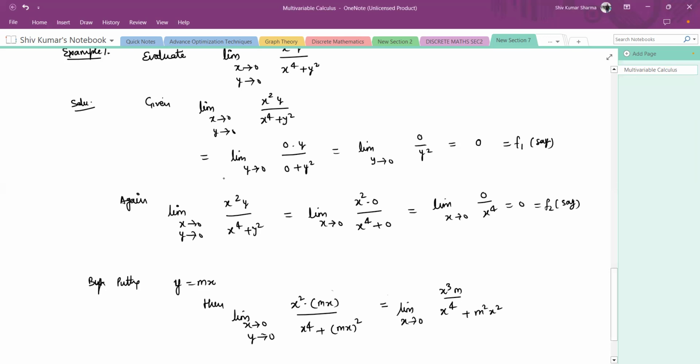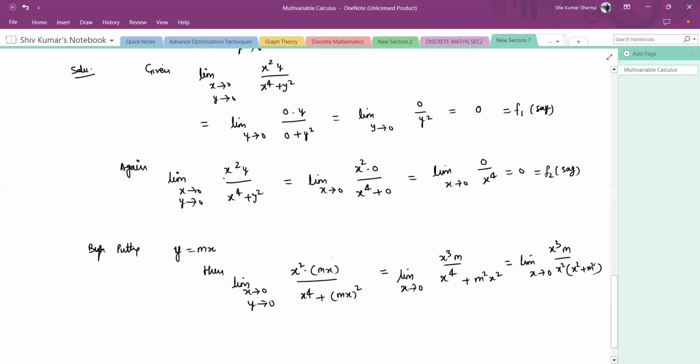In the denominator we take x square as common, so we write x cube into m upon x square into x square plus m square.